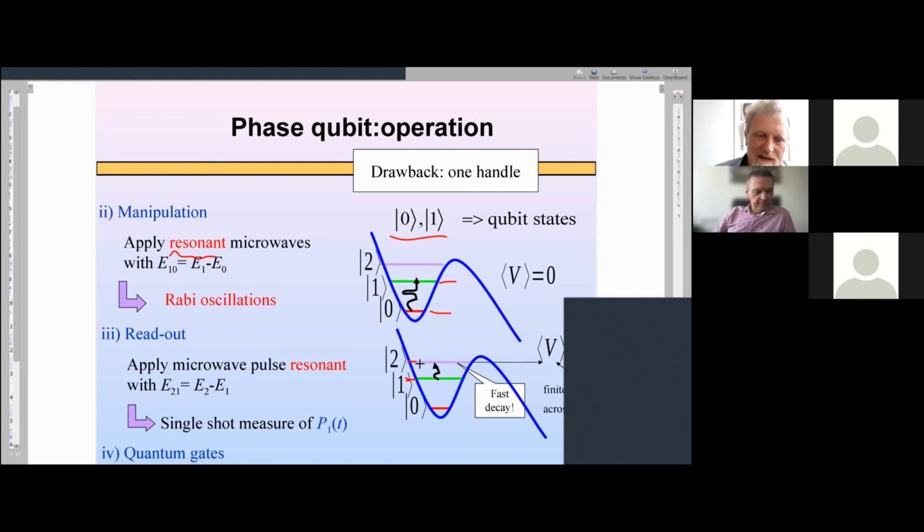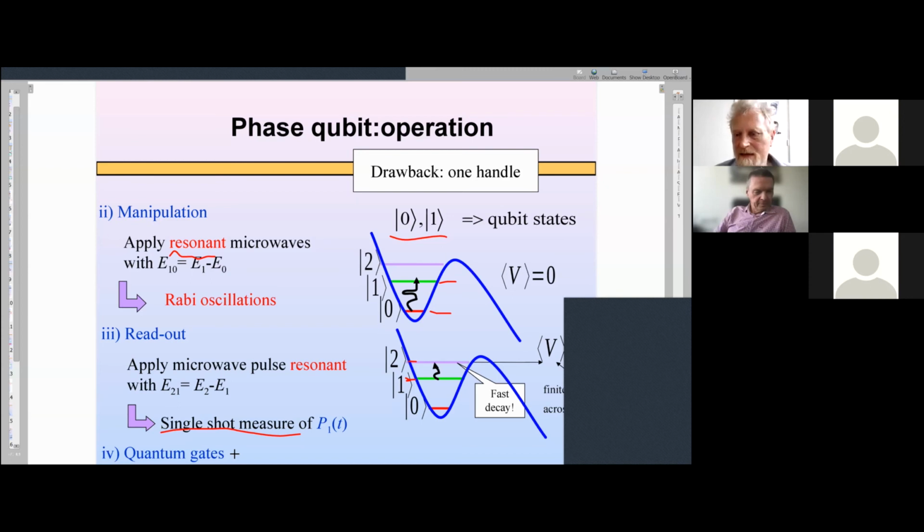So in fact, they could achieve a single-shot measurement of this probability, so they could prove that it's really a decent qubit, with decent decoherence and decay rates. One of the first qubits which has been characterized. There were difficulties to achieve quantum gates to make more qubits of this sort talk to each other.